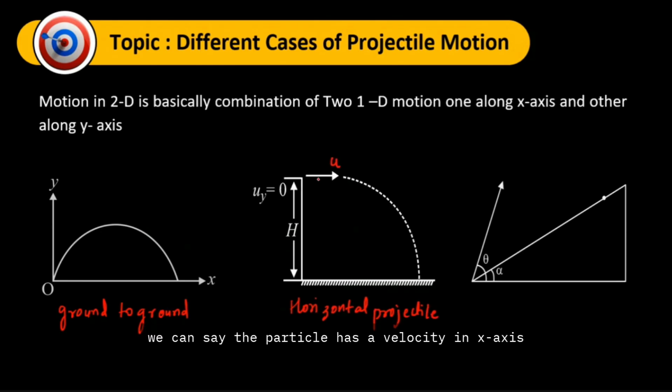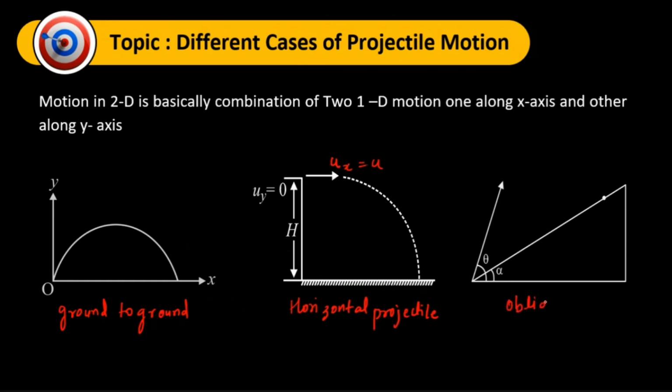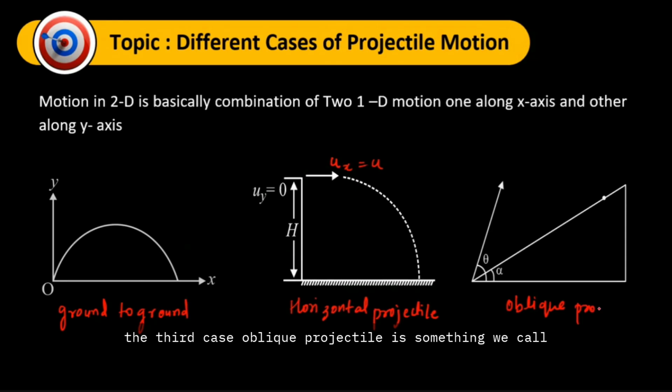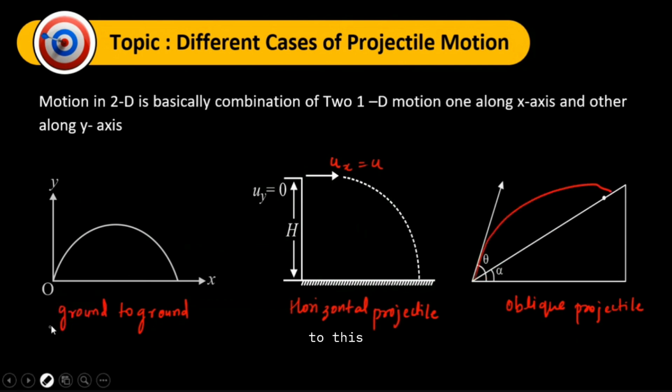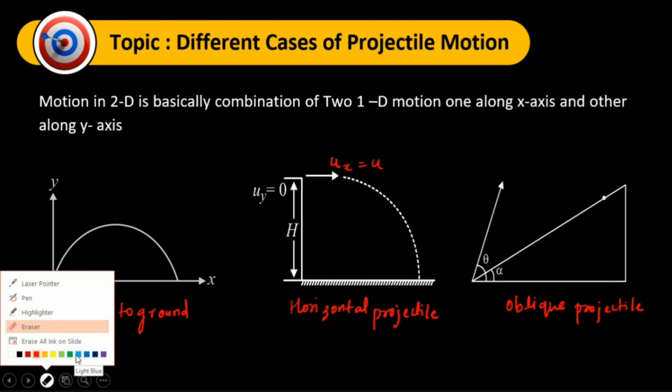So the particle has a velocity in the x-axis, which you can call ux, which is also u here, and the velocity in the y-axis is 0 in that case. Similarly, the third case is the oblique projectile. It is what we call it when the projectile is thrown at some angle theta, but it moves along a line in such a way that it goes to an elevation which is already there in that surface.